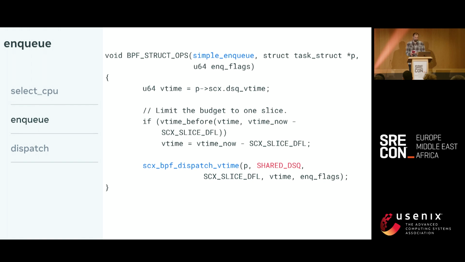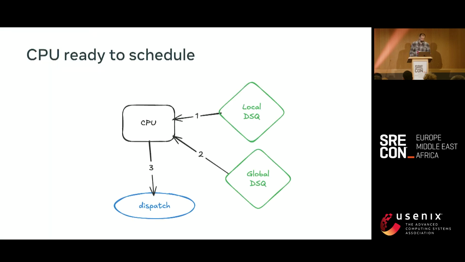So we set up the vtime, and the time slice, which is like how long the task should run. And then we dispatch it into our scheduler-created shared DSQ with scx_bpf_dispatch_vtime. So that's just dispatching using our vtime.